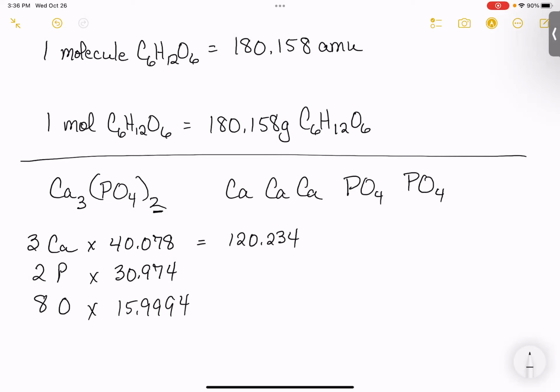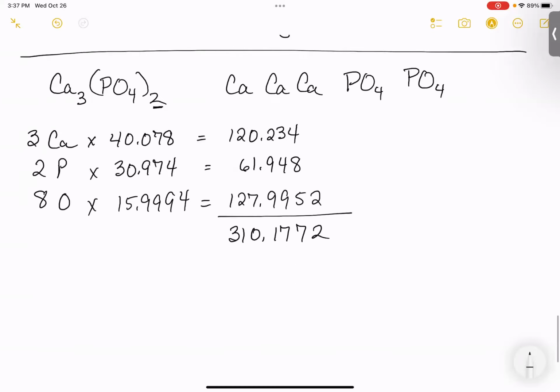Your phosphoruses contribute 61.948, and your oxygens contribute 127.9952. When you add those together, you get a mass of 310.1772.